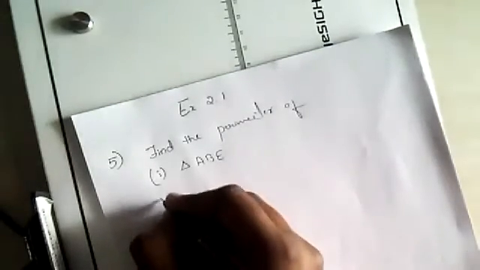So the question is: find the perimeter of the first sub question, triangle ABE. This we already solved in the previous class. And the second sub question is the rectangle BCDE in this figure.